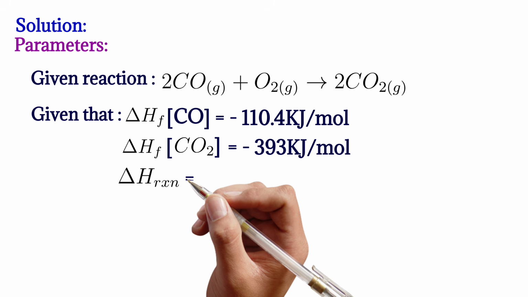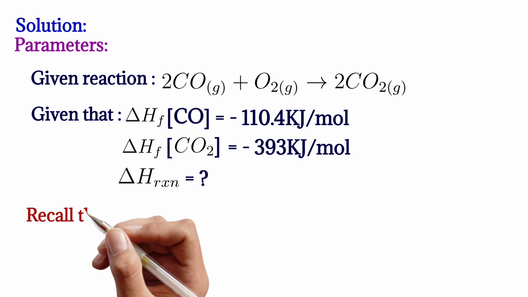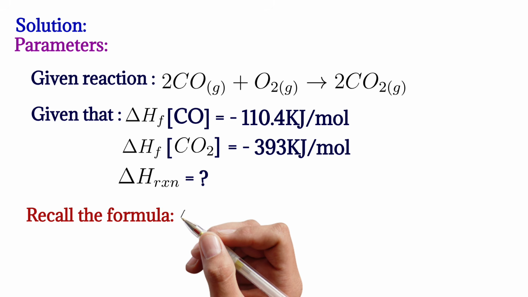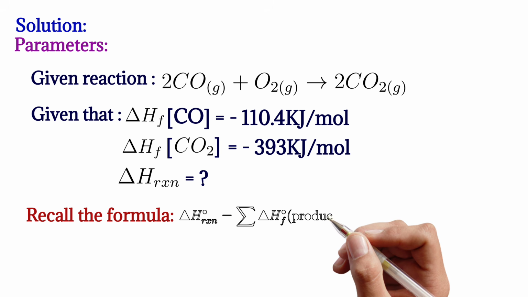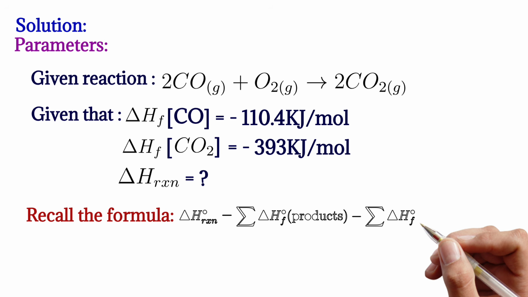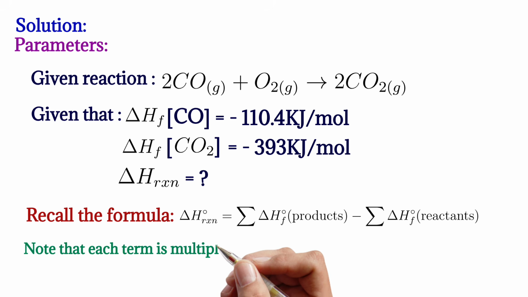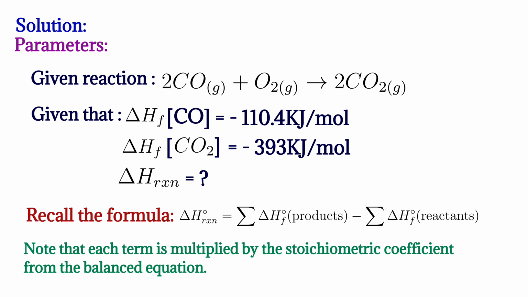We want to calculate the energy change for the reaction. Now, let's recall the formula for calculating the enthalpy change of a reaction, which is delta H reaction equals sum of delta HF of products minus sum of delta HF of reactants. Note that each term is multiplied by the stoichiometric coefficient from the balanced equation.